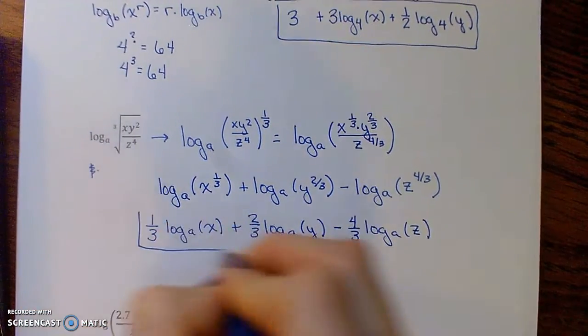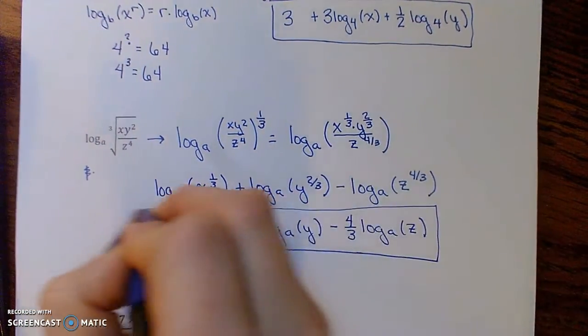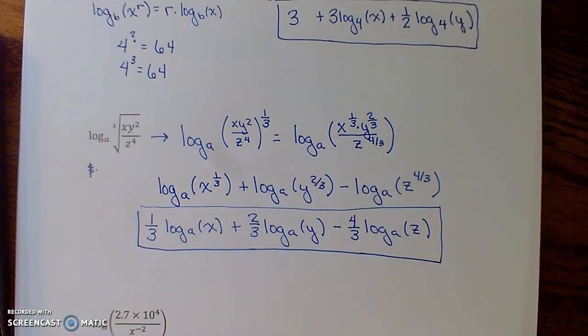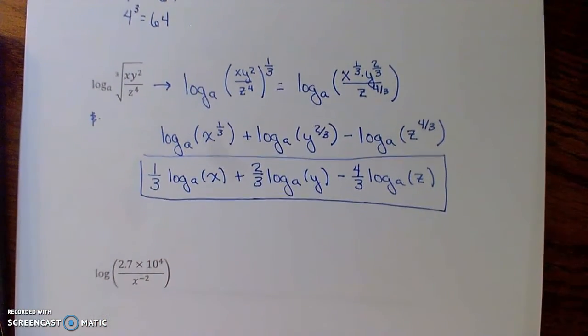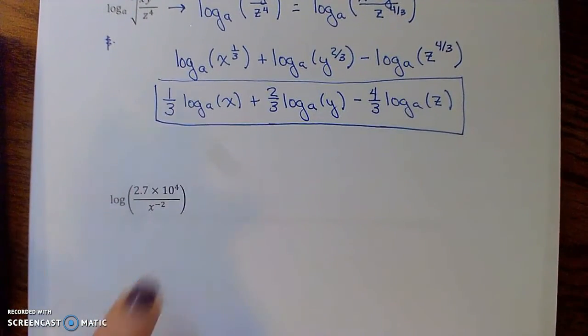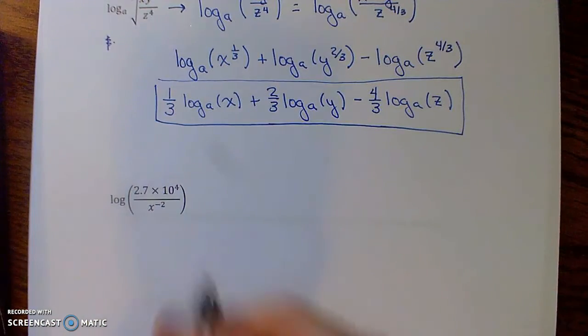And now it's expanded out as far as possible. Let's do one last example here. This one looks weird because it's like you're looking at scientific notation, but I can still apply the same properties.